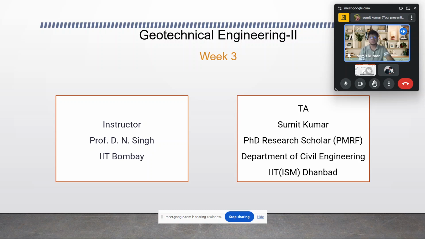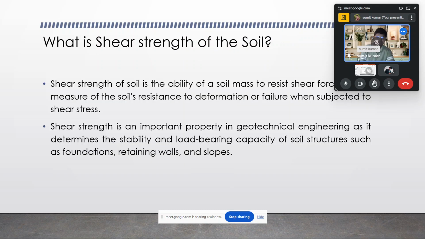In the previous class, we understood shear strength of soil, and what we mean by shear strength: the ability of a soil mass to resist shear force, a measure of the soil's resistance to deformation or failure when subjected to shear stress.